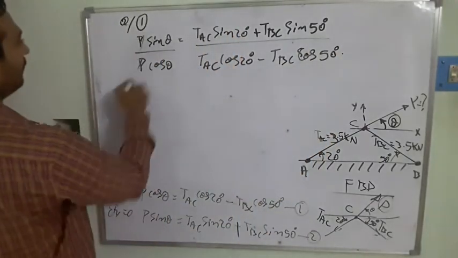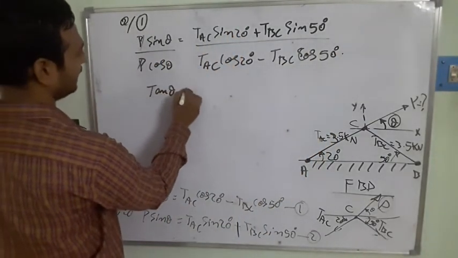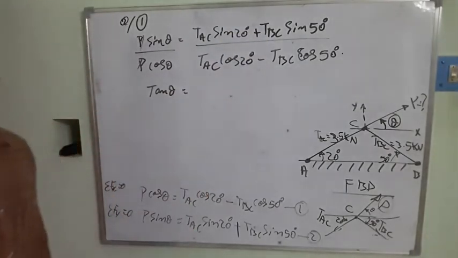So in this case P will be cancelled. This is going to be tan theta, equal to this component we are going to get.